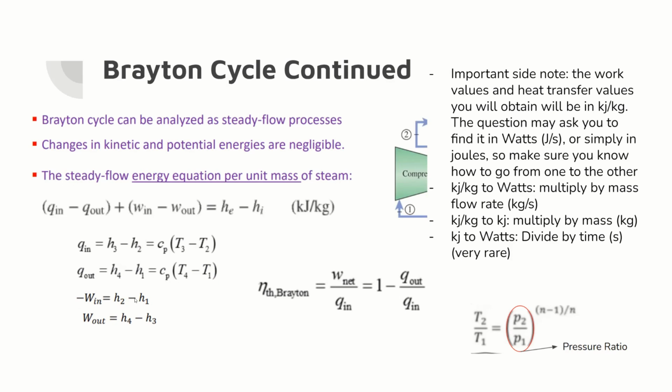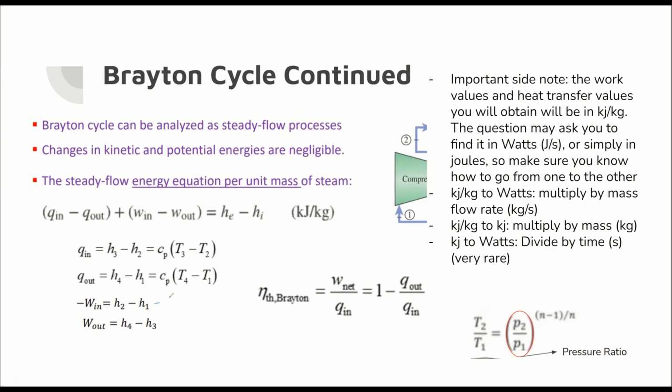And, well, you can equate that to work in and work out as well. Cp, like here, would be Cp times (T2 minus T1). Okay. And you can use thermal efficiency as well in here.